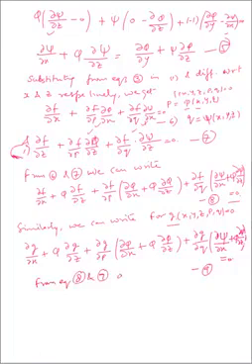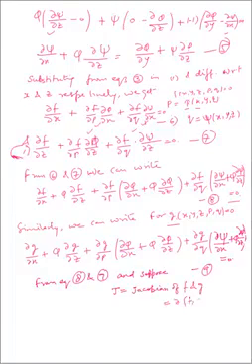Now from equations 8 and 9, suppose we take the Jacobian J equal to the Jacobian of f and g, del(f,g) upon del(p,q), not equal to 0.